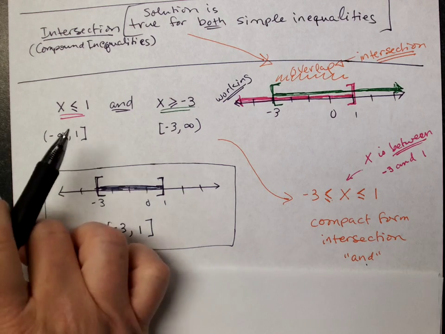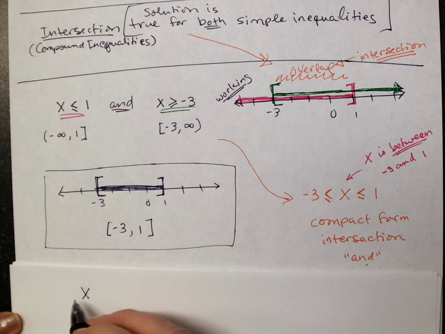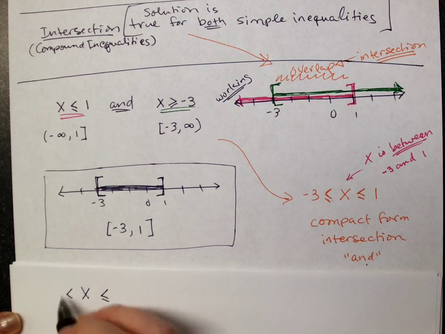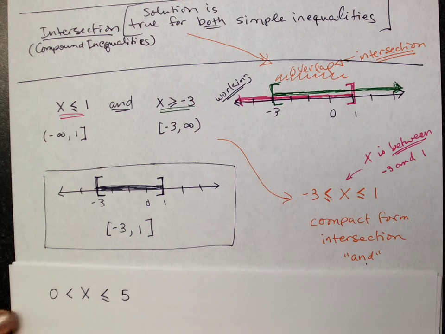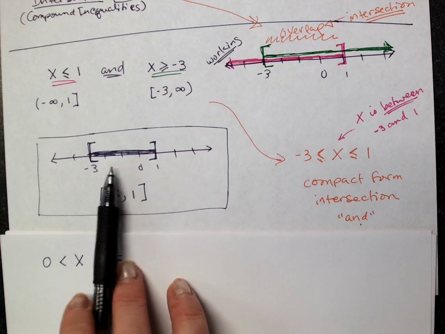So if you have, let's say, x is in between, let's say, 0 and 5, then you know you're dealing with an intersection. You know you're dealing with a chunk of the number line.